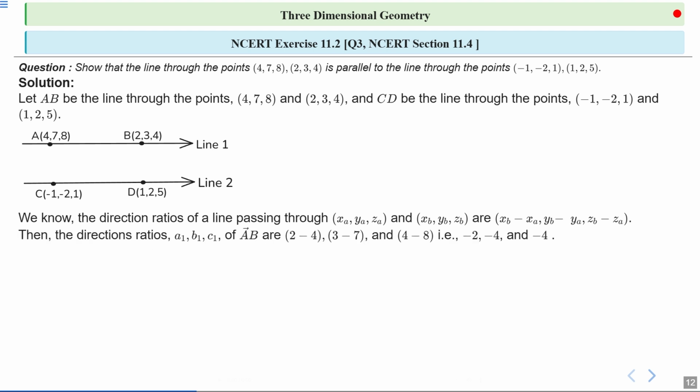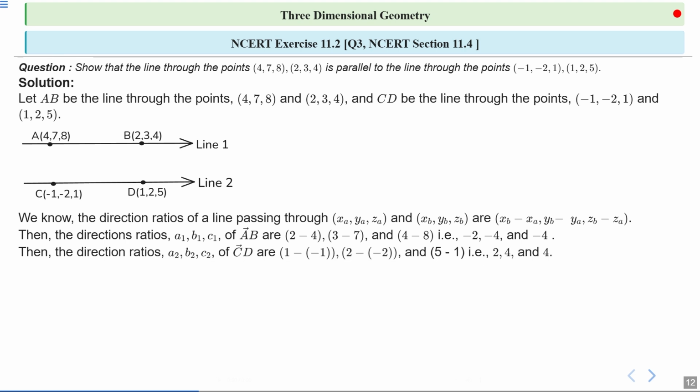Now let's calculate the direction ratios for the first line, which passes through (4, 7, 8) to (2, 3, 4). So the direction ratios A1, B1, C1 of line AB are 2 minus 4, 3 minus 7 and 4 minus 8. That is -2, -4 and -4.